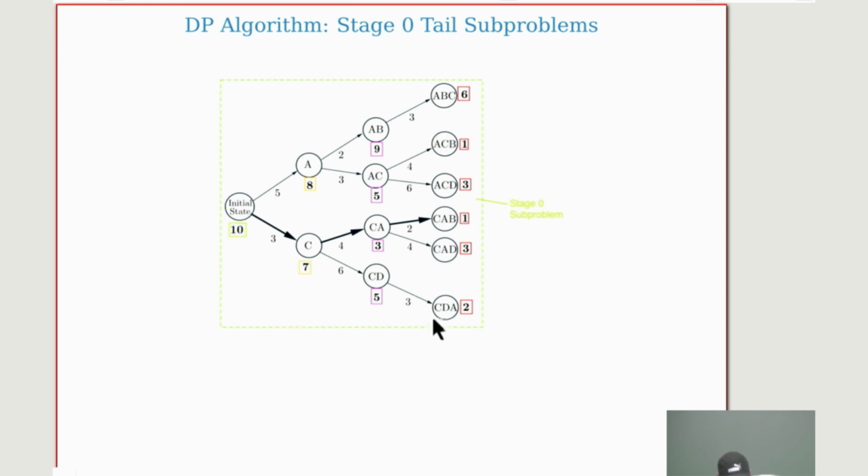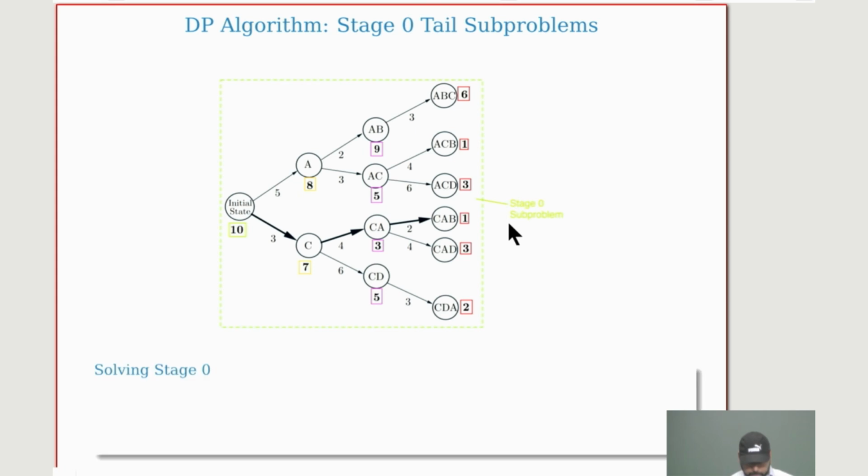So that's the stage 0 sub problem where we have estimated the total cost, okay? And we found out that this is the best possible decision to make, right? Okay.